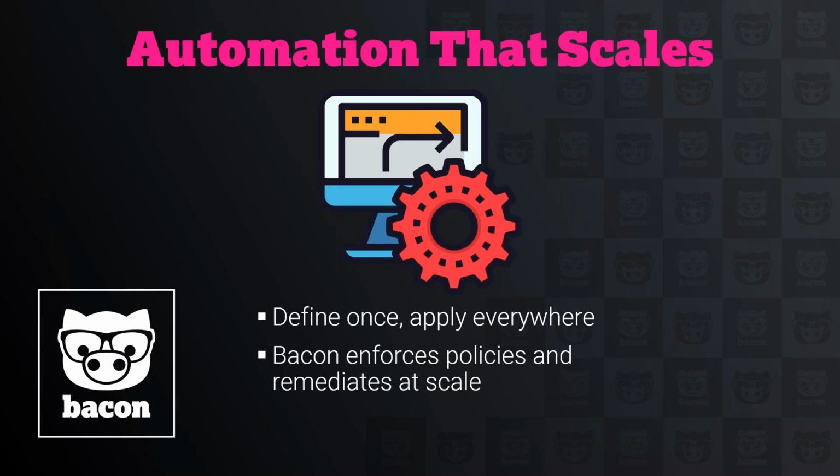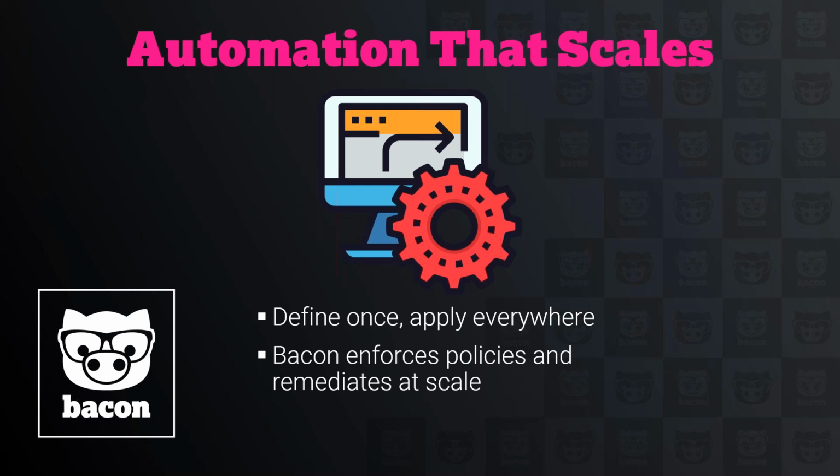And automation that scales is a really important thing too, to be able to automate away patching, third-party software updates, and be able to do that sometimes with just a click, but even sometimes without clicking at all. There's a bunch of automation capabilities built into Bacon exactly for that, so you can have the level of automation that fits your comfort level.